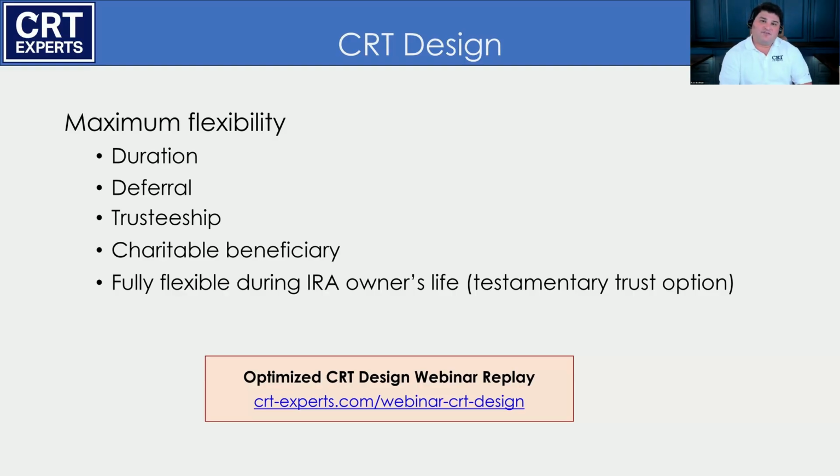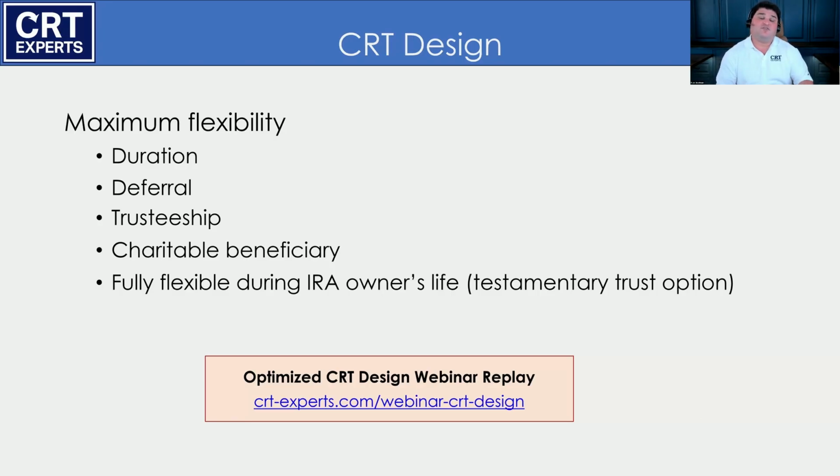We want to maximize the value to the income beneficiary, and we want to give them the maximum flexibility that's available under Section 664 of the Internal Revenue Code. As obvious as that might sound, it's rarely done in our view. Most CRTs out there, if the clients were made aware of some of this flexibility, we'll talk about some of it here today, they would have designed that CRT a little bit differently.